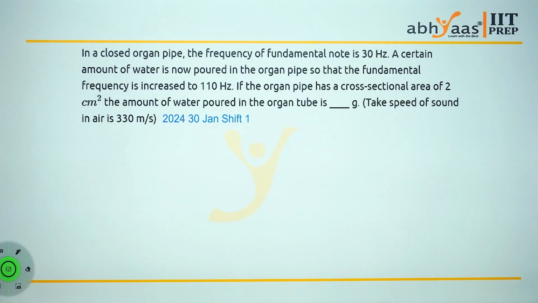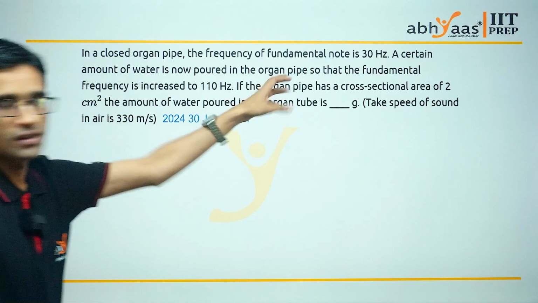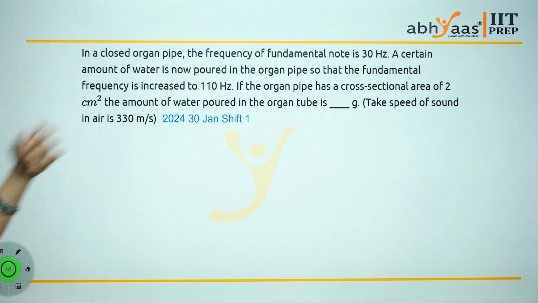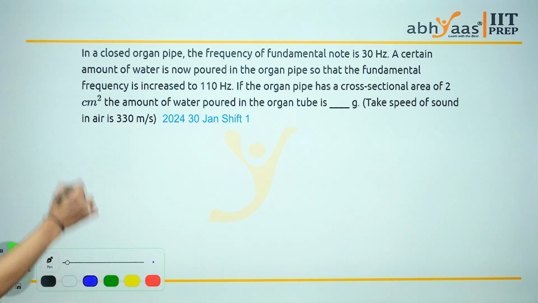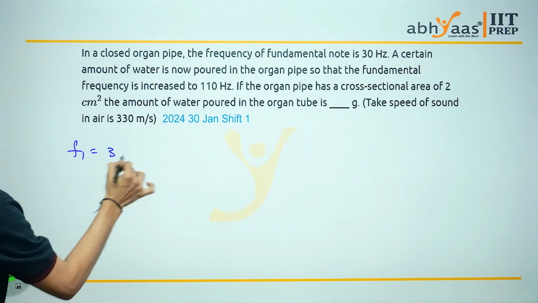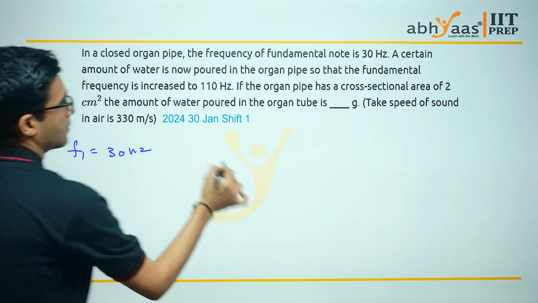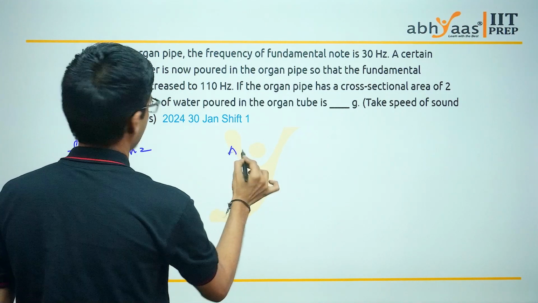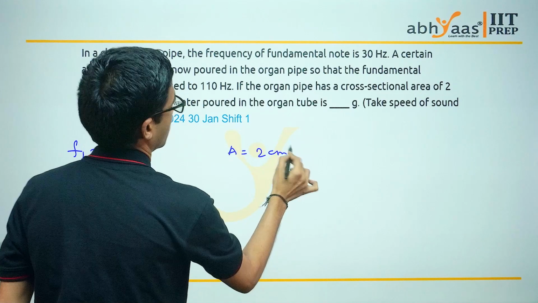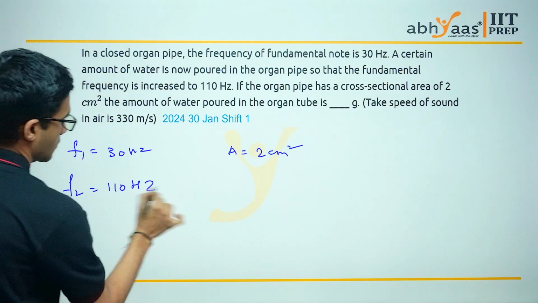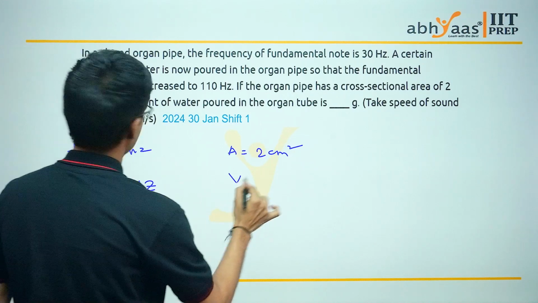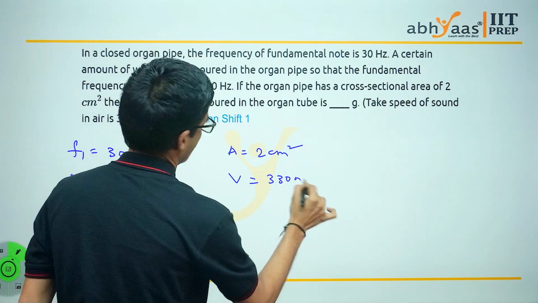In the next question, closed organ pipe frequency is given as 30 Hz, and another frequency is given, 110 Hz. If you consider F1 as 30 Hz, the area is given, A, 2 centimeter square. F2 is 110 Hz. Velocity is given, 330 meter per second.